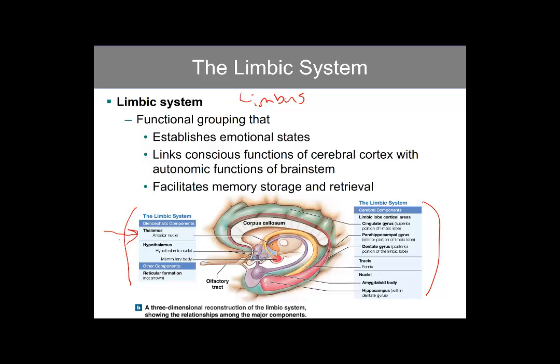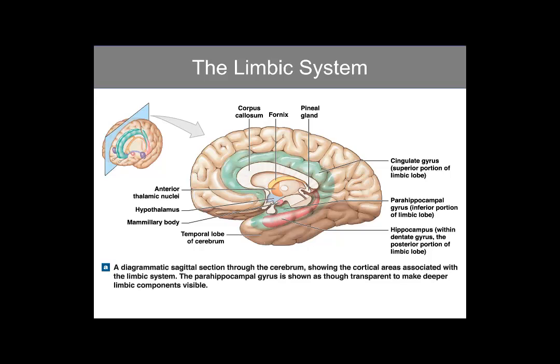If you note back in our review of the thalamus, one of those groups, the anterior group, is associated with emotion. And then we have several regions of the hypothalamus to include the mammillary bodies right here, as well as some other hypothalamic nuclei.